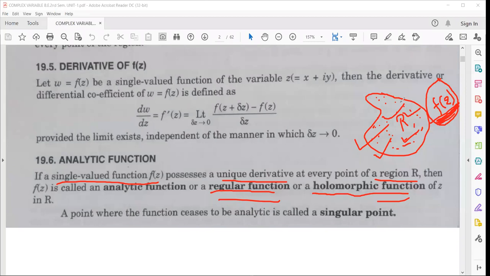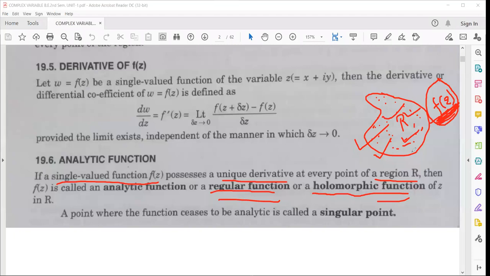So to check it, we need to check its continuity. Now we need to check in what region the function f z is defined. So suppose in this region R, this f z is defined. To check its continuity, we need to check it at each and every point of this region R. If you get that at each and every point the derivative of this f z exists, then you can say that f z is an analytic function.